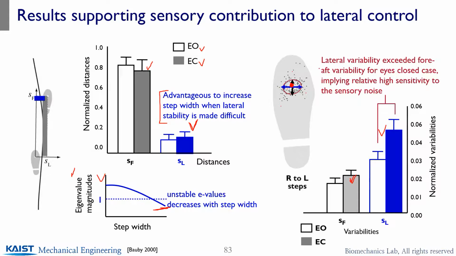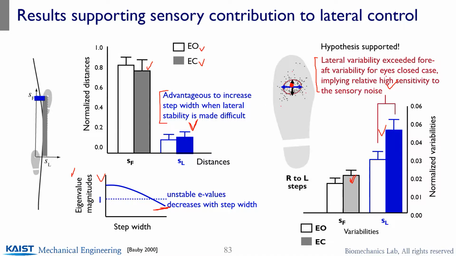So this result might imply that the great increase in lateral variability shows it is highly sensitive to sensor noise, meaning your lateral foot displacement uses sensory feedback for control of the foot placement.